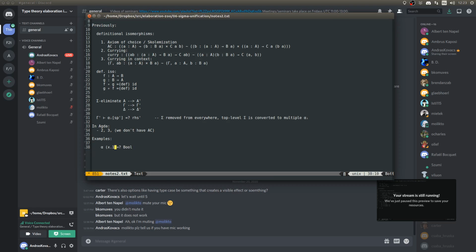Here the projection binds stronger than function application, so I have alpha, x.1, and in the context I have that x is a variable with a sigma type. Alternatively, we can represent it by saying that the context consists of some prefix, then this, and then some gamma 1, and in this context x is still a valid variable.